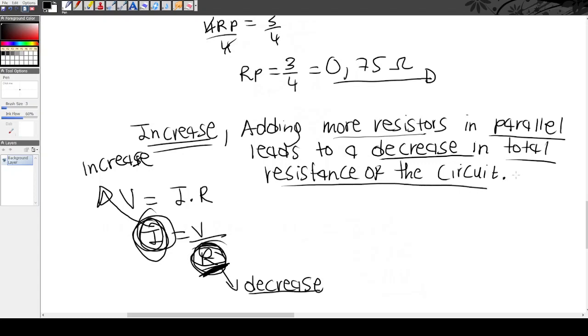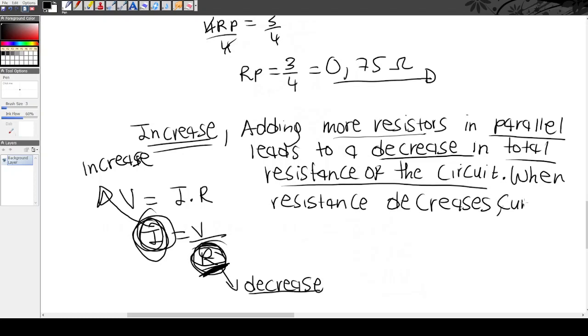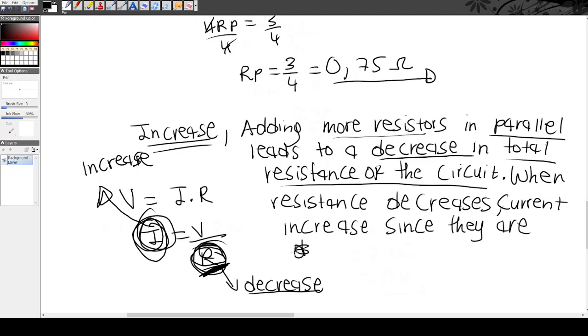Then you say what? When resistance decreases, current increases, since they are inversely proportional.